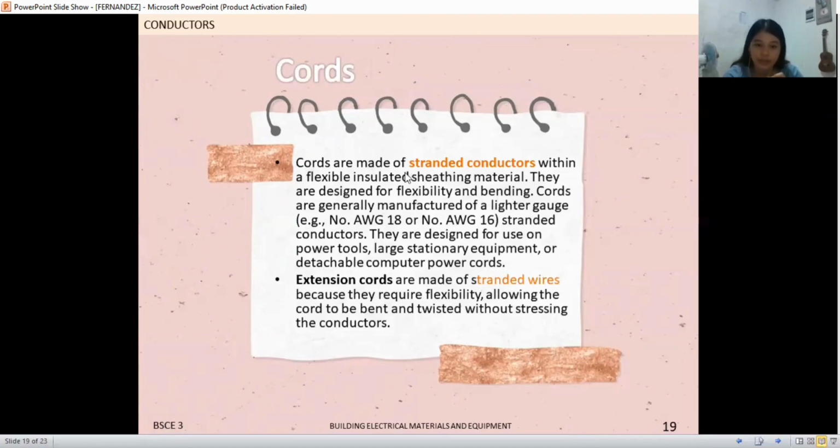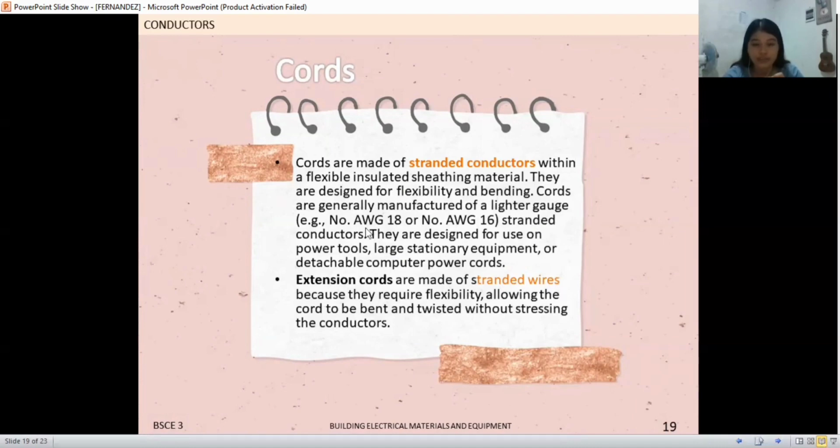Next one is the cords. So cords are made of stranded conductors within a flexible and insulated sheathing material. They are designed for flexibility and bending. Cords are generally manufactured of lighter gauge stranded conductors. They are designed for the use of power tools, large stationary equipment, or detachable computer power cords. So extension cords are made up of stranded wires.